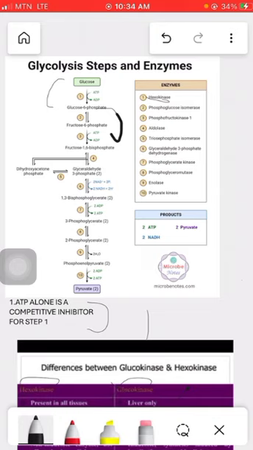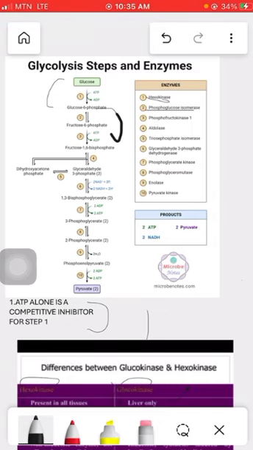Note that fructose is an isomer of glucose. So in that step, there is something going on which we call isomerization. The glucose is being isomerized into fructose. And the enzyme that performs that step is called phosphoglucose isomerase.